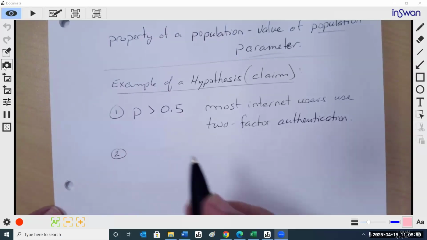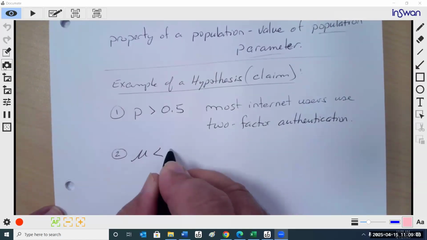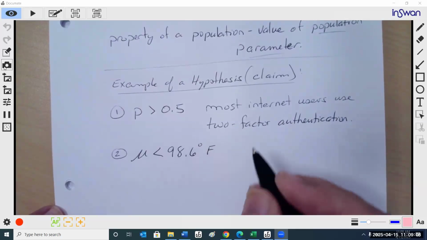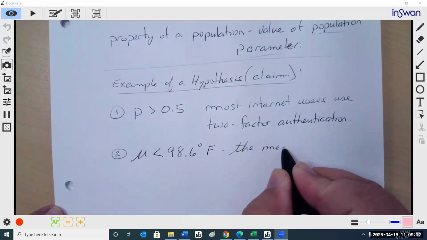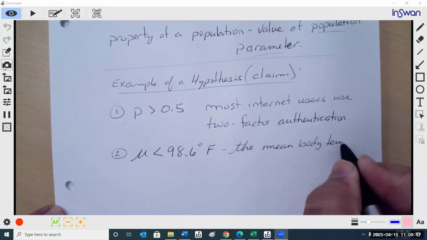The next one we have is mu is less than 98.6 degrees Fahrenheit, the mean body temperature.